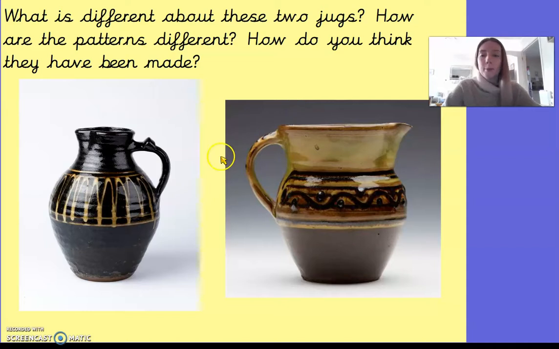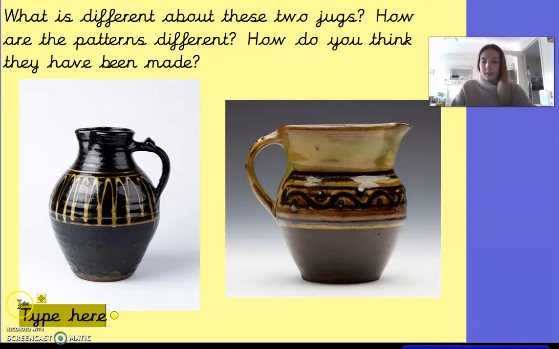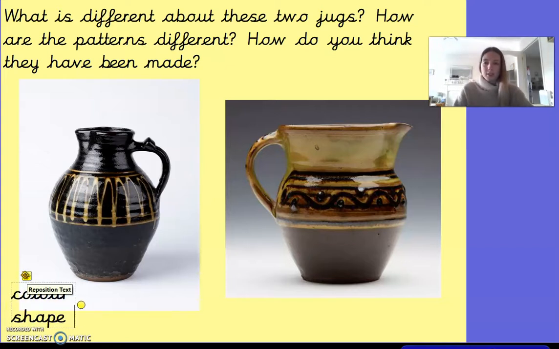So you might have probably noticed that the colours of the 2 jugs are different. So I'm going to write that down here. The colour. I can also see that the shape of these 2 jugs are different. This one's slightly wider. The opening of the jug is much wider compared to this one.